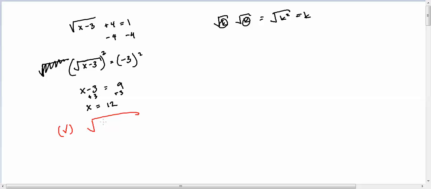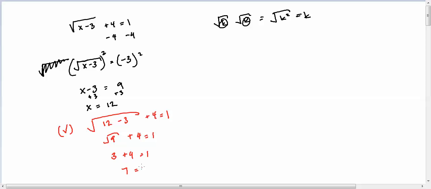So I'm saying, does 12 work? 12 minus 3 plus 4 equals 1. 12 minus 3 is 9, so the square root of 9 plus 4 is equal to 1. And so you have 3 plus 4 is equal to 1, and this is saying 7 is equal to 1.